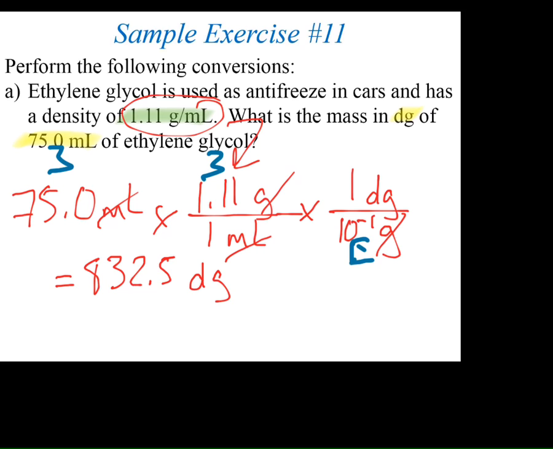So what's the fewest? 3. Thank you, not 2. How'd you get 2? Maybe you forgot your 0.0. Okay, how do I round that off to be 3 then? 833 decigrams. Yay. Awesome. Okay, I'll do one more with you, and I'll let you guys try one.